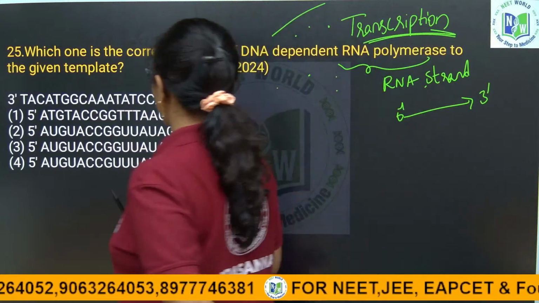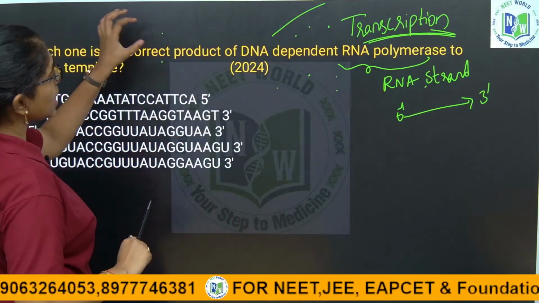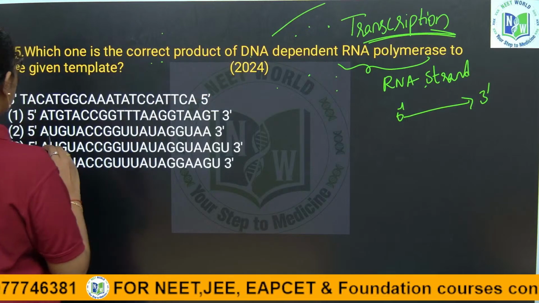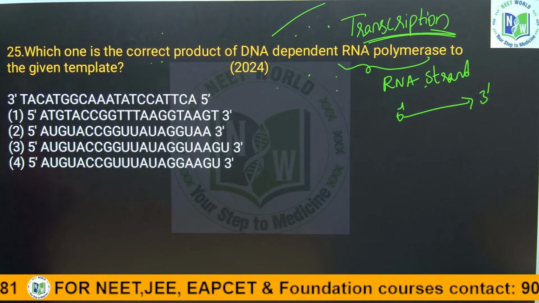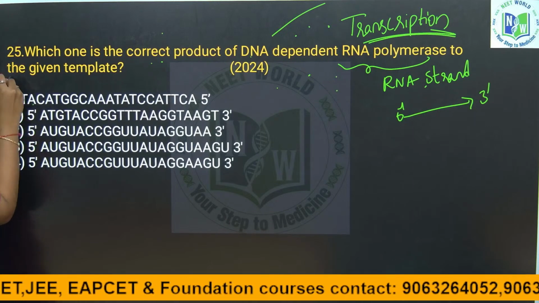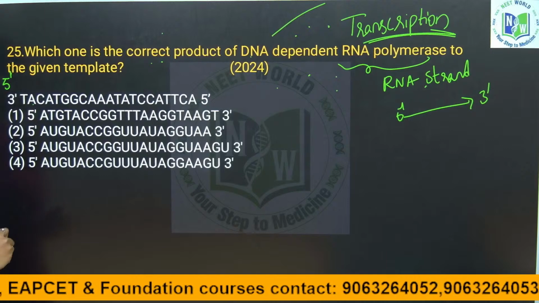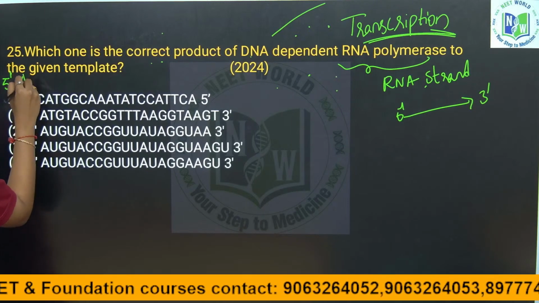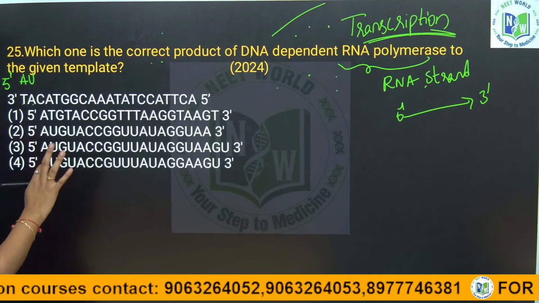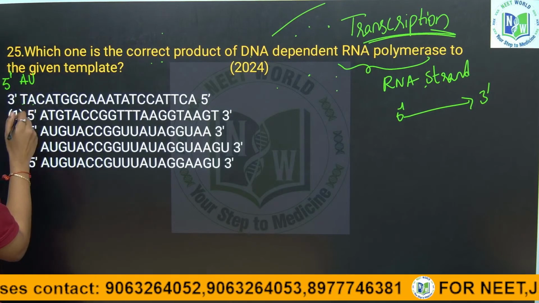The template is given, and he is asking for the correct product. The correct product of this enzyme will be an RNA strand from 5' to 3' direction. So we have to identify the complementary sequence. Thymine pairs with adenine, and adenine with uracil, because thymine is not there in RNA; instead of thymine we have uracil.